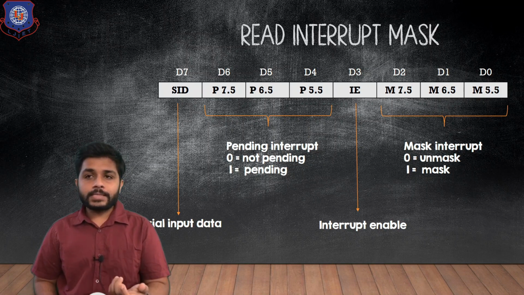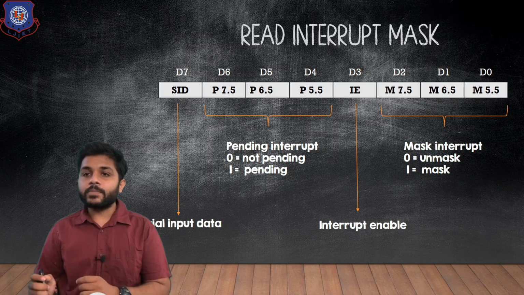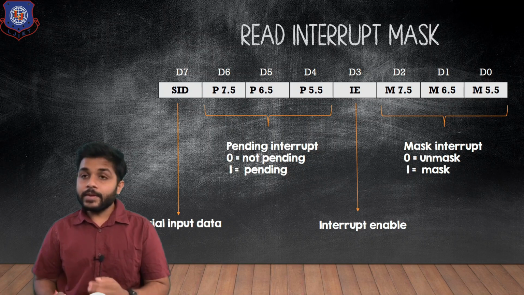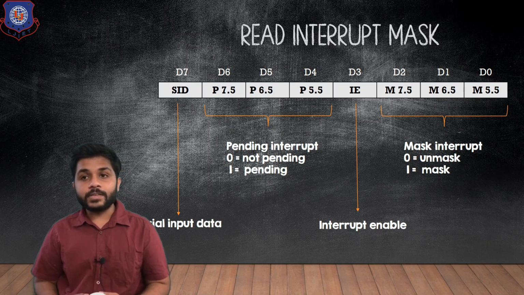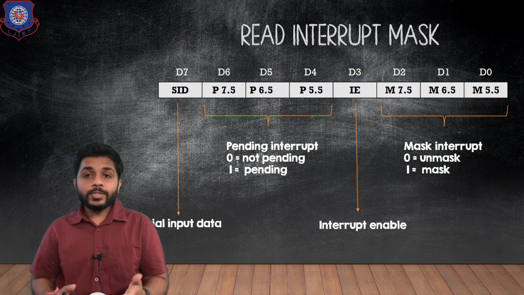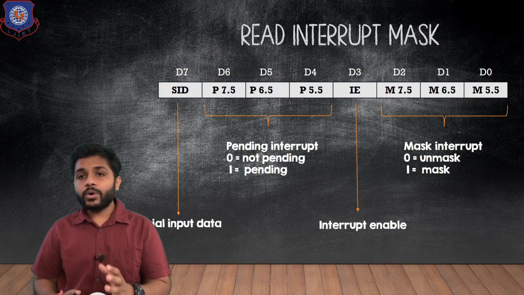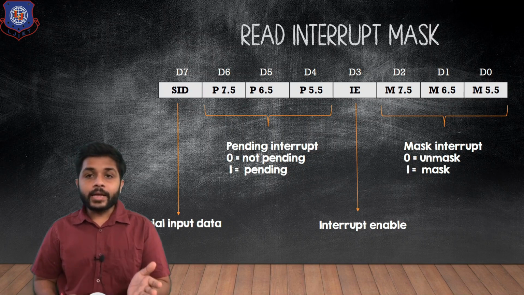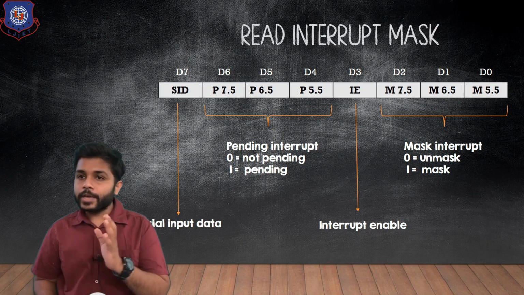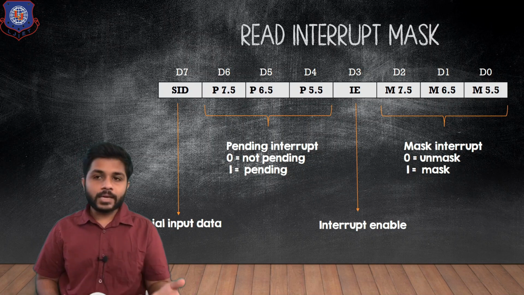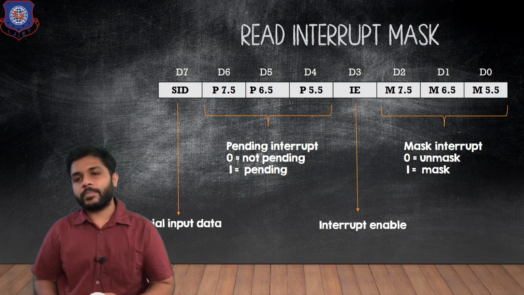If the D0 bit is 0, that interrupt is unmasked. If the D2 bit is 1, that interrupt is masked. So using the RIM instruction, we can know which interrupts are pending and which are masked.